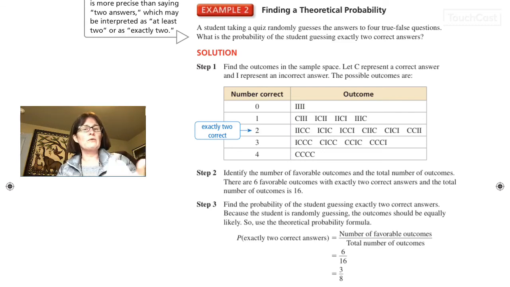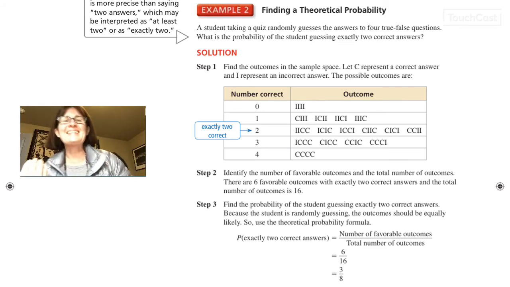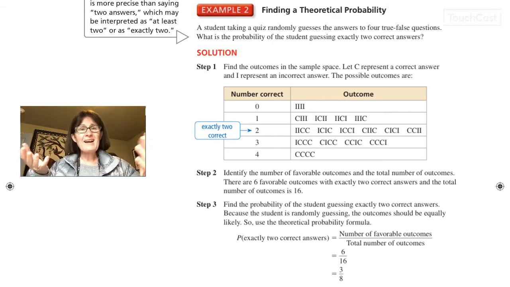We're going to get more and more used to little experiments like this, and you might find that eventually you don't have to write them out. But for this question, if somebody were taking a quiz and had to randomly guess the answers to 4 true-false questions, what's the probability they get exactly 2 right? Well, you might have to write out all the different ways you could answer 4 true-false questions correctly and incorrectly.